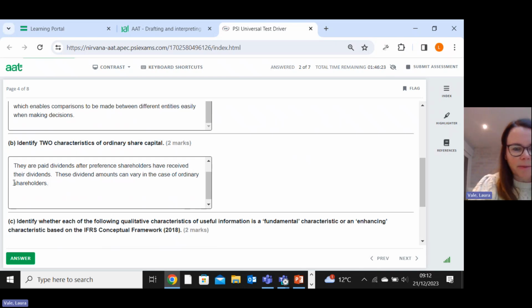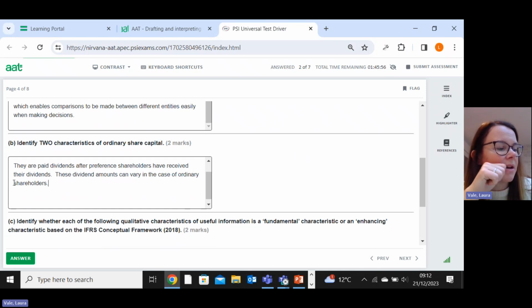Let me have a look and see what the mark scheme says for this one. There are 8 possible things you could have said, and it's only 2 marks. They've said they have a percentage stake in the company. They're classified as equity, whereas preference shareholders are liabilities. Shareholders are entitled to vote is 1 mark, so I would have got that.